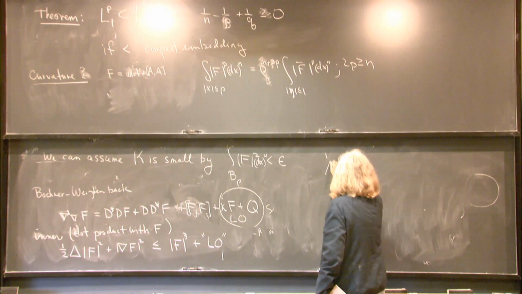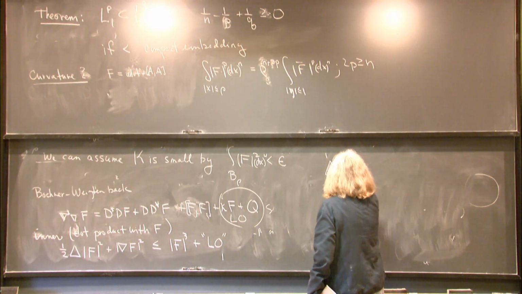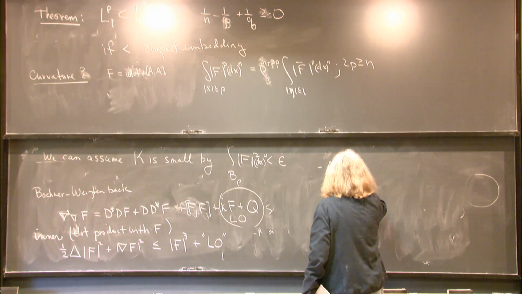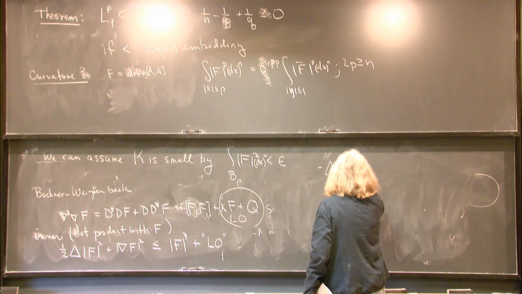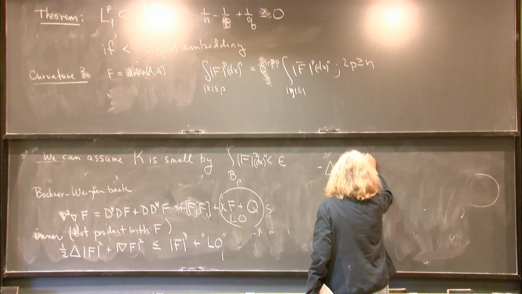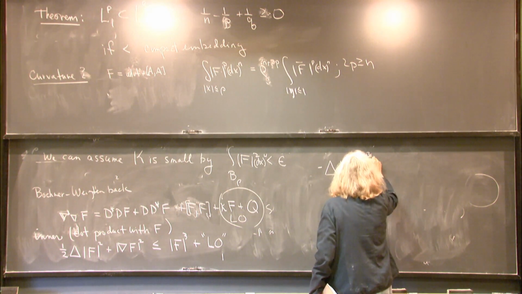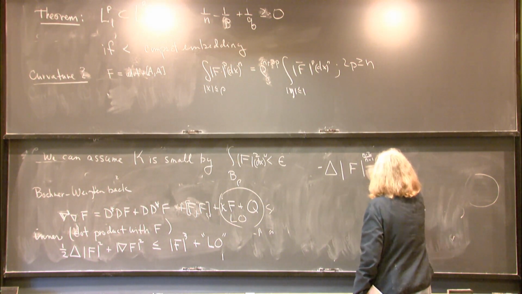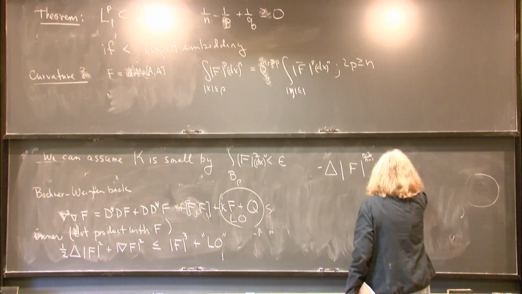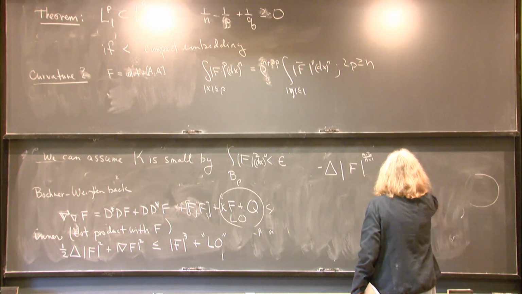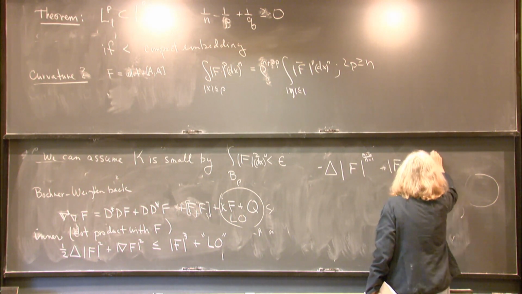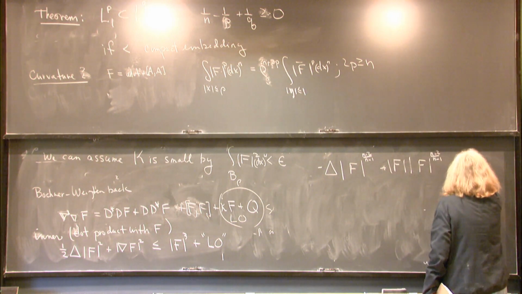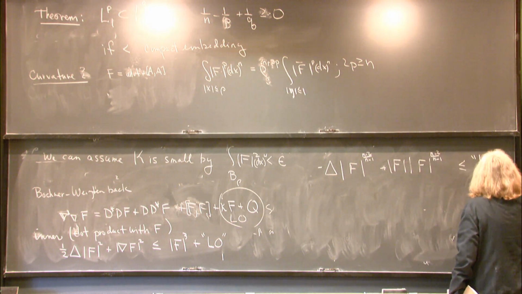I get minus the Laplacian of f to the n minus 2 over n minus 1, which is the positive operator, plus f times f to the n minus 2 over n minus 1, less than or equal to something which I'll just say is lower order.